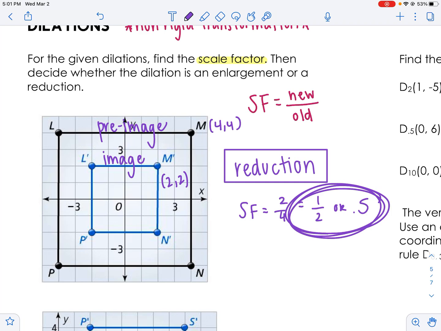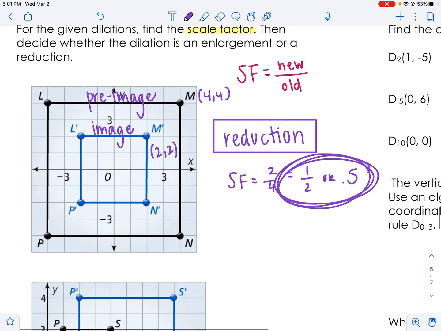Now, let's just say that we had to write it in proper notation. Well, dilations are written with a capital D, O at the beginning. So rotations and dilations have this in common. We always say O because we're turning around the center or we're using the center of the graph. Comma, my scale factor was 0.5, or you could say 1/2.